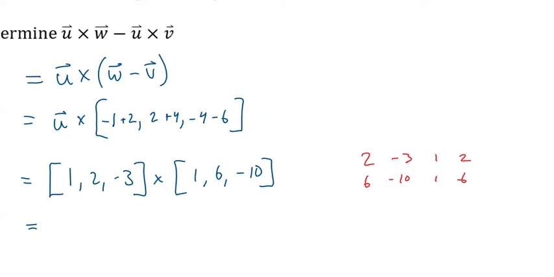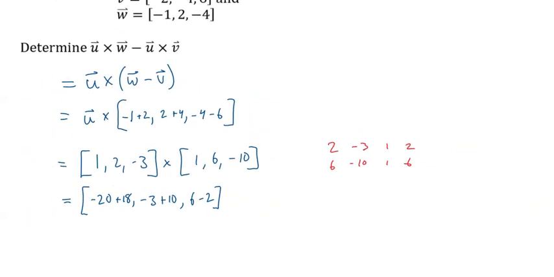So this is -20 minus -18. -3 minus -10. 6 minus 2. Any questions?